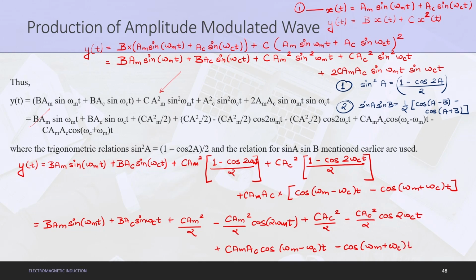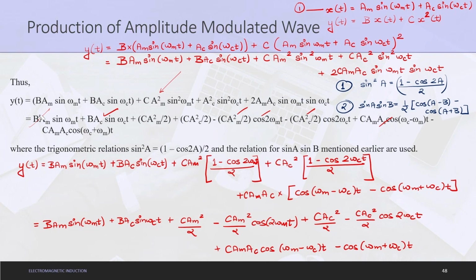If you can see clearly, this is the first line written here, this is the second line, next is CAM square by 2, next is minus CAM square by 2 into cos 2 omega mt, next is minus CAC square by 2 cos 2 omega ct, and next is CAMAC cos omega c minus omega m into t, and next is minus CAMAC cos omega c plus omega m into t.